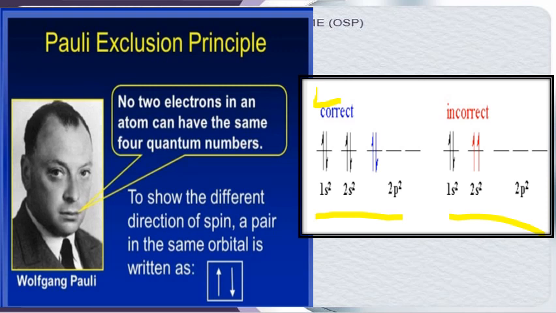While look at the second arrangement on the right hand side: in 2s2 there are 2 electrons but with the same spin, right? So this type of arrangement is not valid. 2 electrons cannot be placed like this in one orbital. All the 4 quantum numbers cannot be the same, right? So this is an invalid or wrong configuration, while the first one on the left hand side is the correct configuration according to the principle, right?